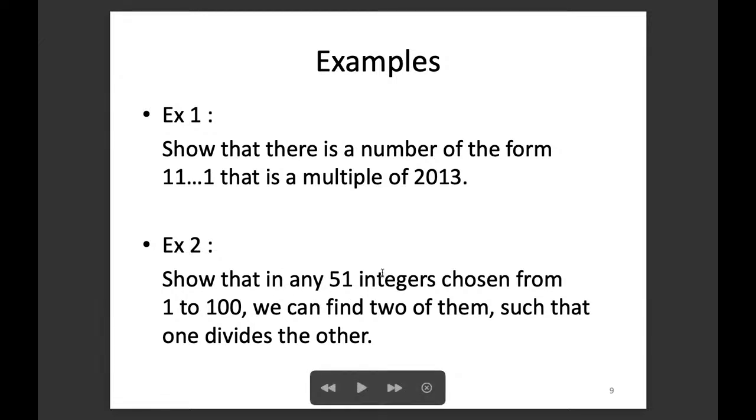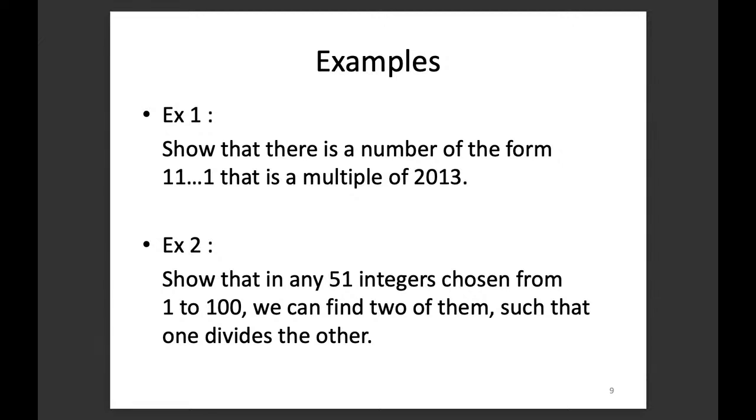Notice that 51 integers is the requirement that we are given here. If we change the problem slightly and suppose that we have only 50 integers, then it may not be true. Because if we choose 50 integers, we may choose the integers from 51, 52 up to 100.